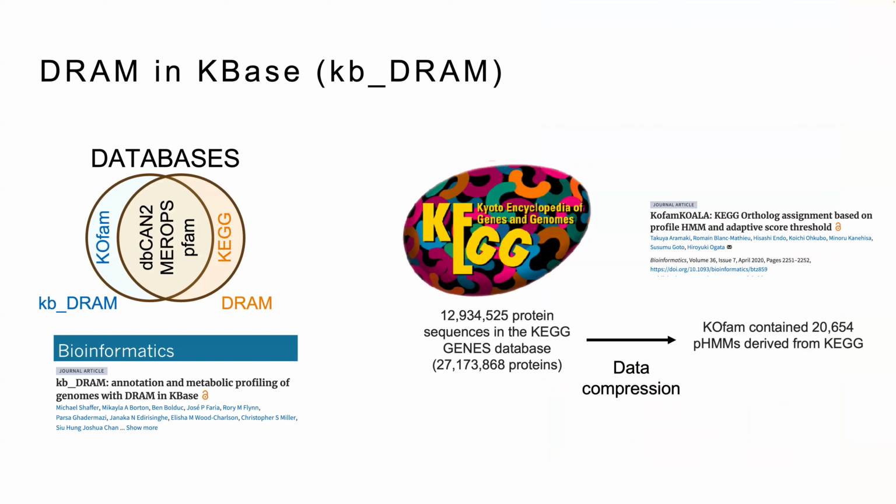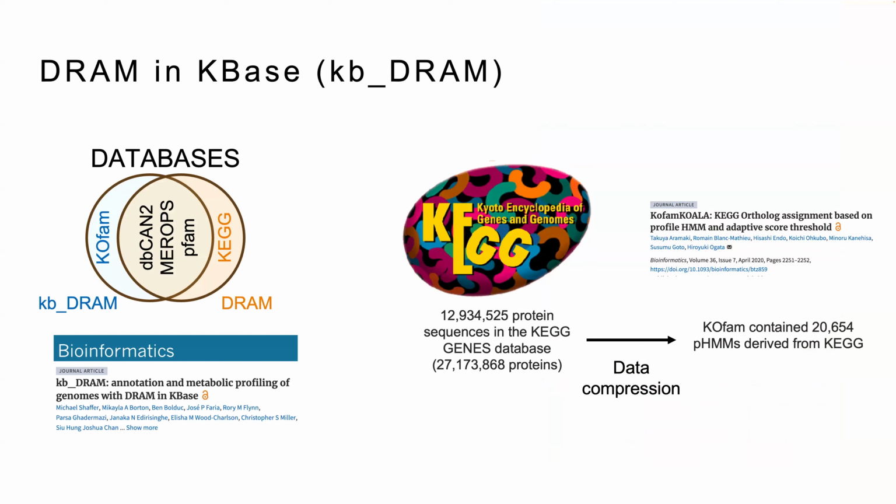One of the other things I wanted to flag: the only difference between running DRAM in KBase and downloading DRAM from something like Bioconda is that DRAM in KBase uses KOfam instead of the KEGG database. The reason for that is a licensing thing.